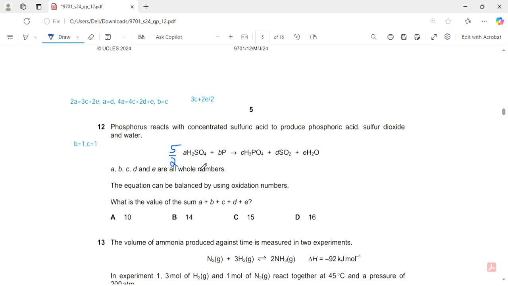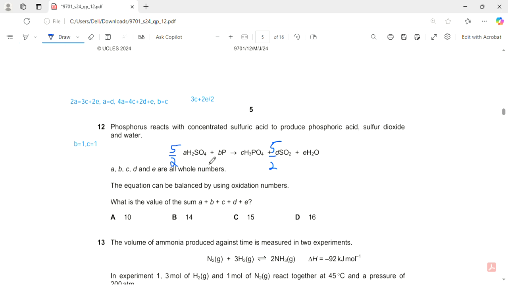And B, which is 1, and C is also 1, and D will become again 5 upon 2, and E is stable.